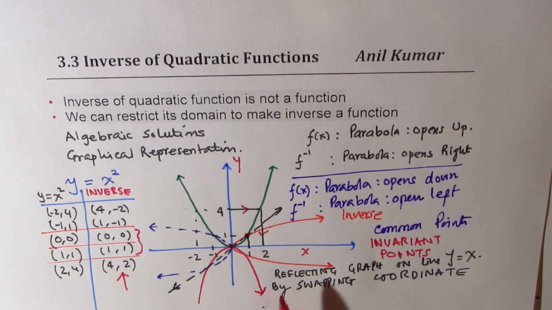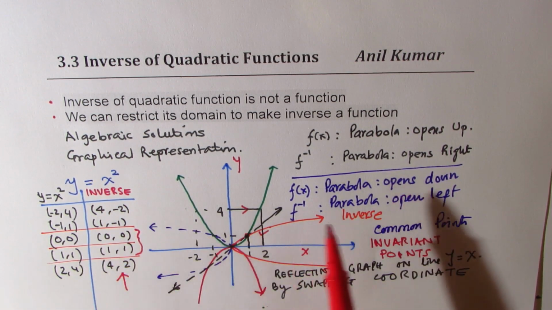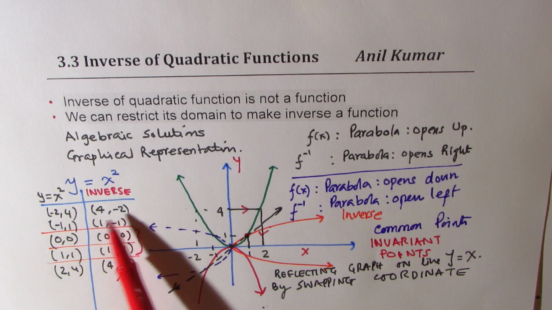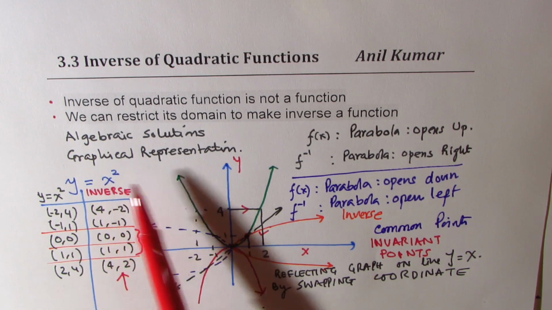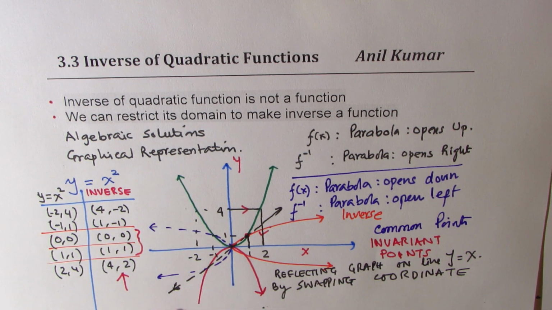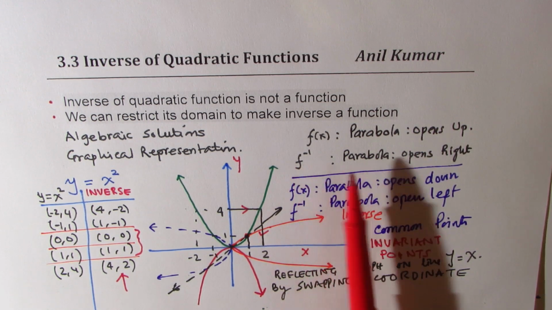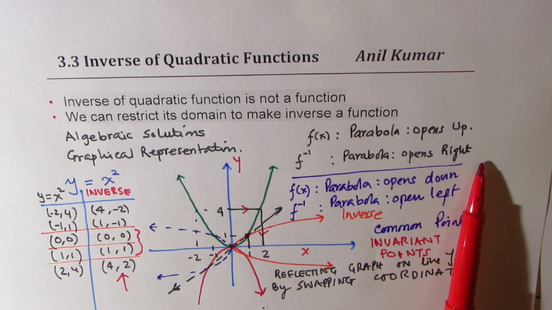So what you learn now here is that algebraically you could actually calculate the value of inverse function by reversing the coordinates. Graphically, you could reflect it on line y equals x. And what you also notice is that a parabola which opens up, the inverse of that is a parabola which opens to the right.